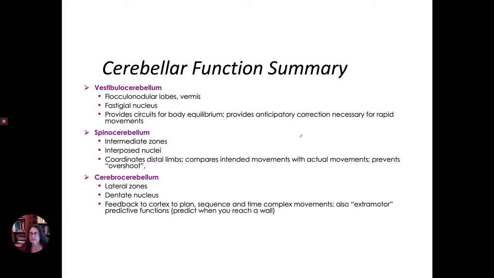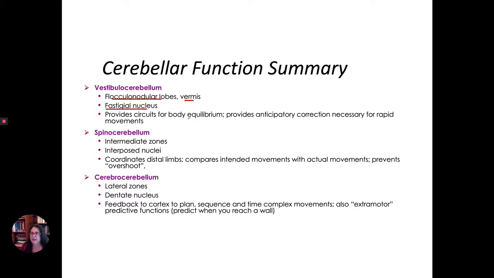So to put all of this together, we have then three different descriptions of the cerebellar circuitry. We'll call the vestibulocerebellum function as the parts of the cerebellum that include the flocculonodular lobes and the vermis, and that deep cerebellar nucleus that is most associated with those parts of the cerebellum was the fastigial nucleus.